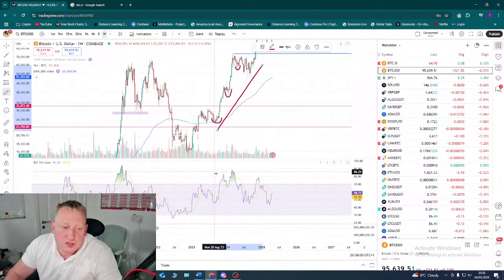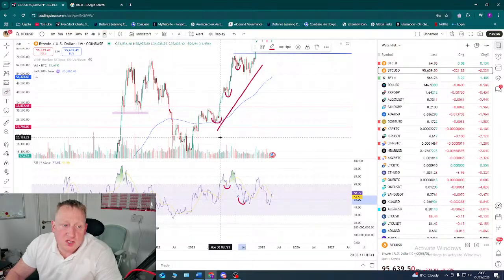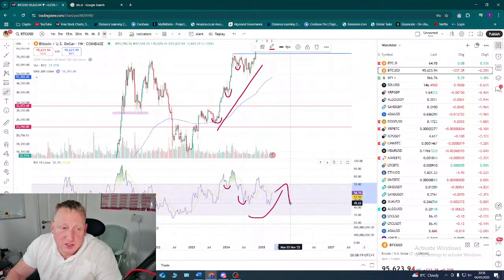Now what do the lows of this RSI do? Well, they are making lower lows. So as the price is going up, we're going into an area where it's saying that it's oversold, which means the only way up then is for it to continue going up.